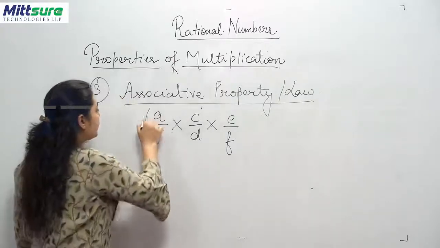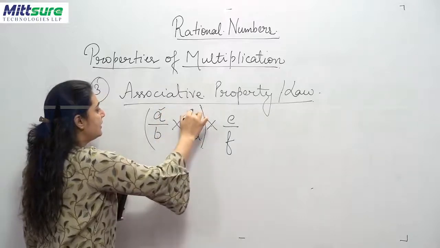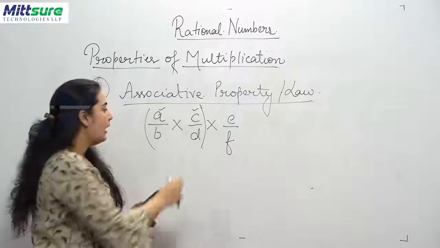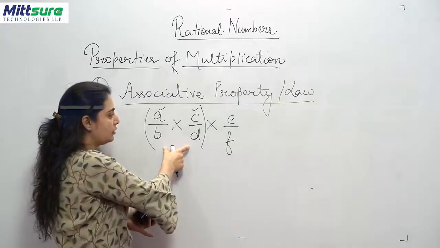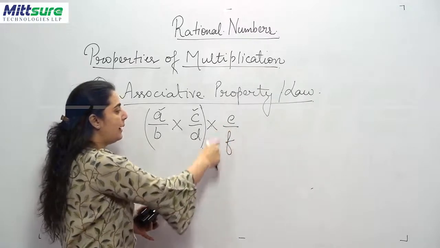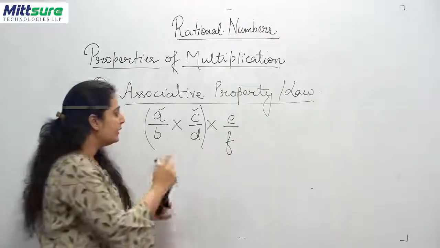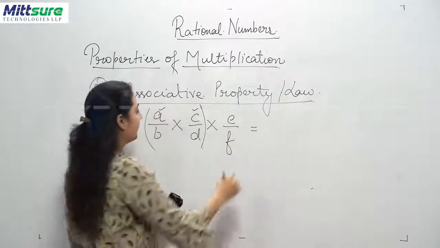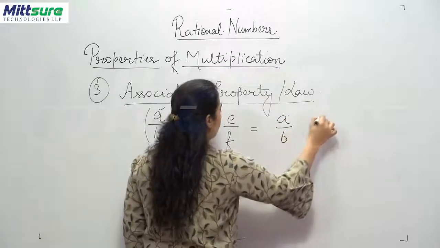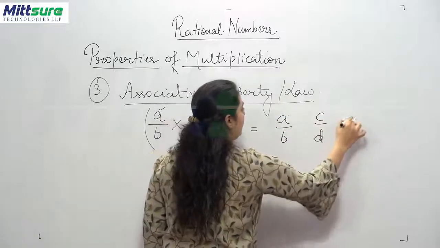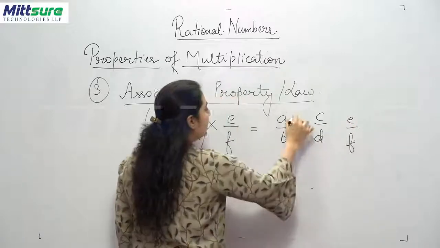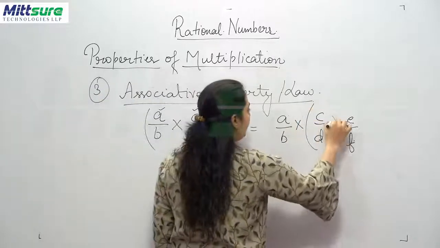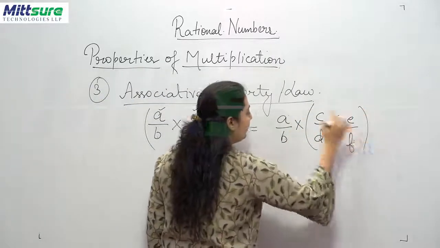Let's see, in the first condition, I take the first and second rational number together inside the bracket and multiply them. Once I get the product of these two rational numbers, I am going to multiply it by the third rational number. Similarly, I will be again putting all these three rational numbers together. A upon b, c upon d, e upon f. Now, the association will get changed and I will shift my bracket to c upon d into e upon f.